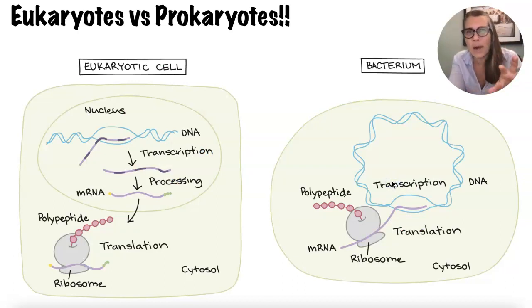So let's look now at the differences at the molecular level. So we're talking about how we make proteins. So let's look at this, okay? So let's start with the bacterium first. So these are prokaryotes, right? So we just said we have a circular DNA, right? DNA is not in the nucleus, but it is in a specific position of the cell.